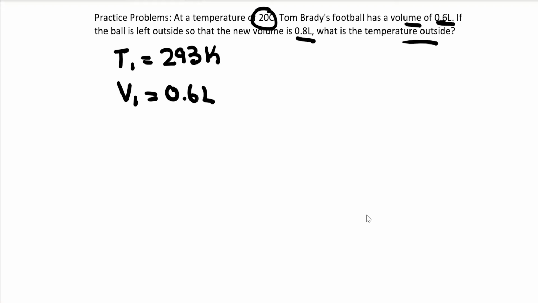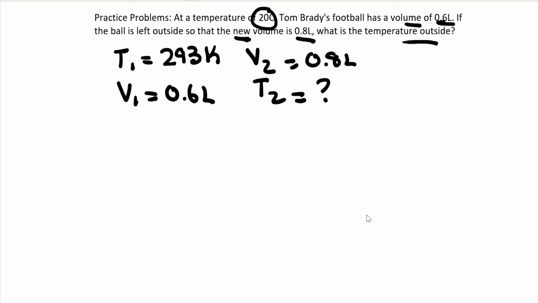And we know that the ball is left outside so that the new volume, so the keyword new there, V2, is going to be equal to 0.8 liters. So the first time the air in Brady's football actually went up for a change. And now we're looking at the temperature outside. So what is the new temperature? T2. This is going to be our unknown value.